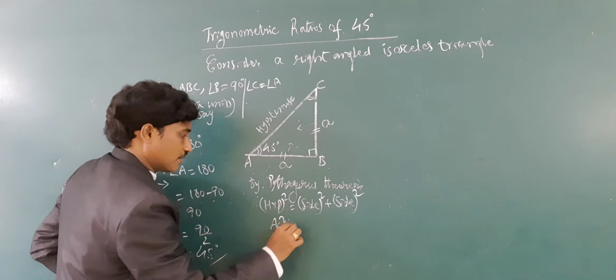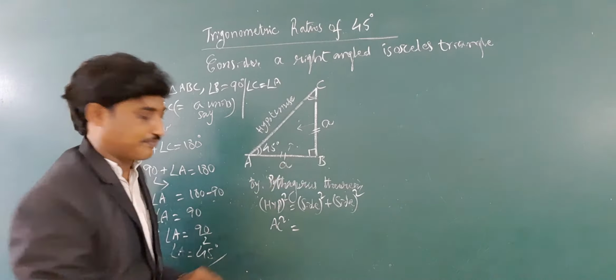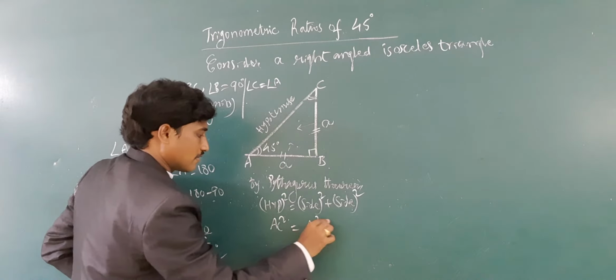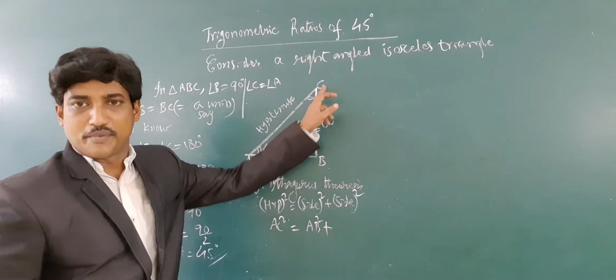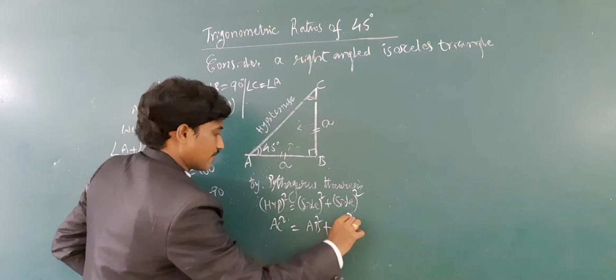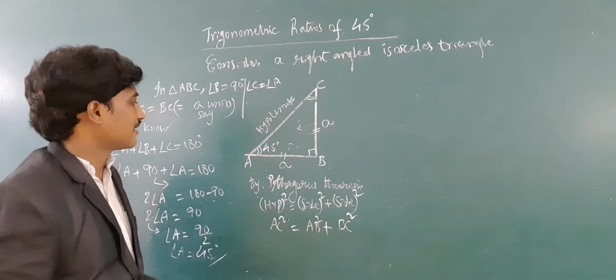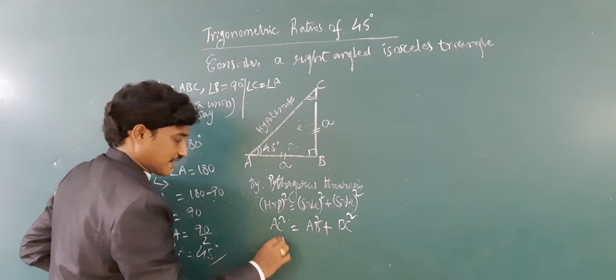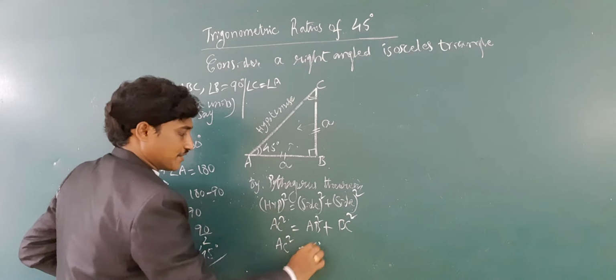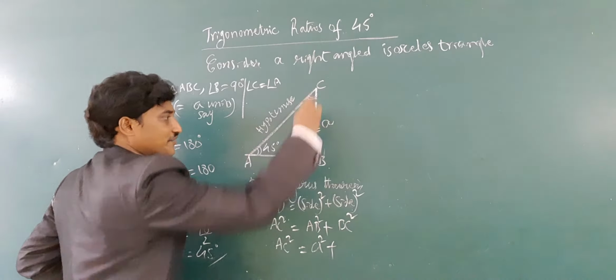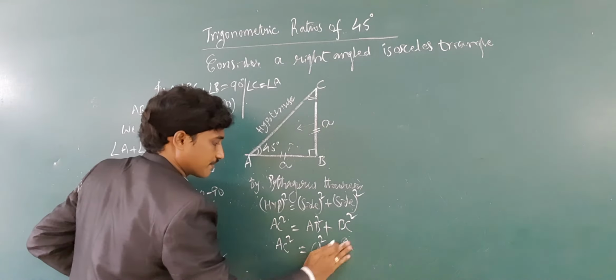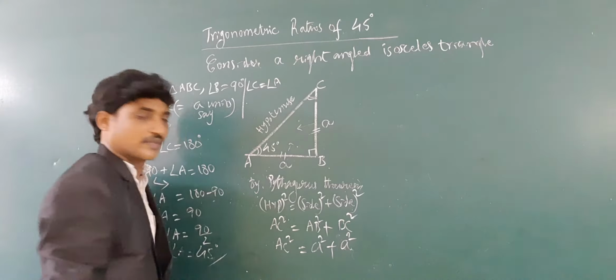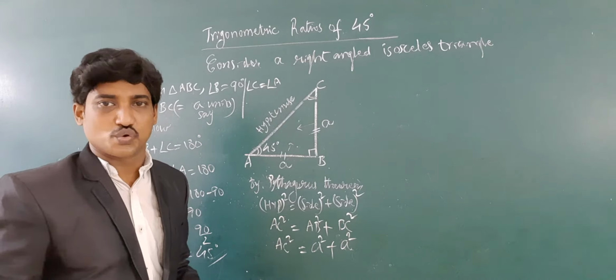AC square is equal to one side AB square plus another side BC square. AB length is A units, BC length is also A units. A square plus A square is 2A square.